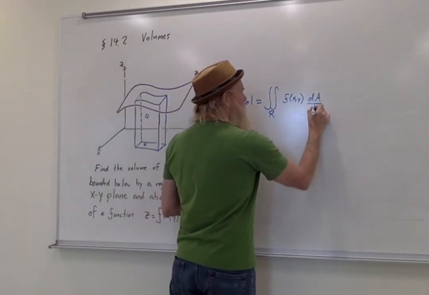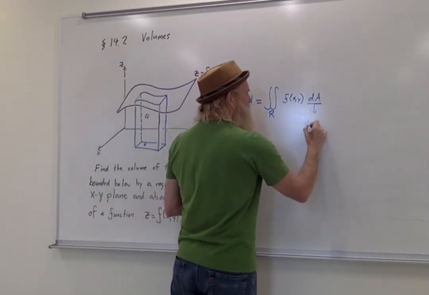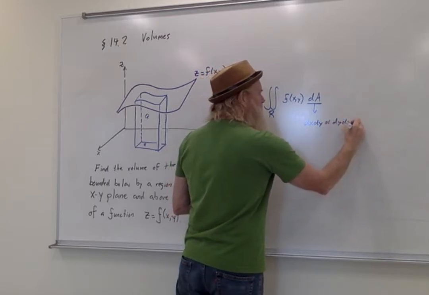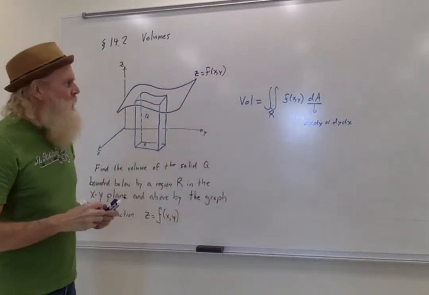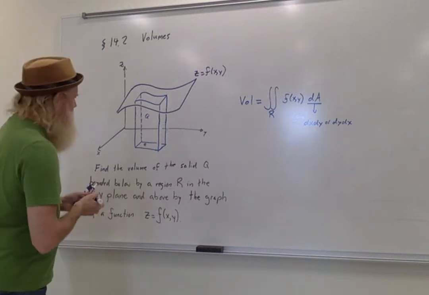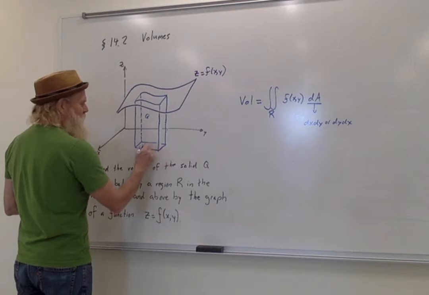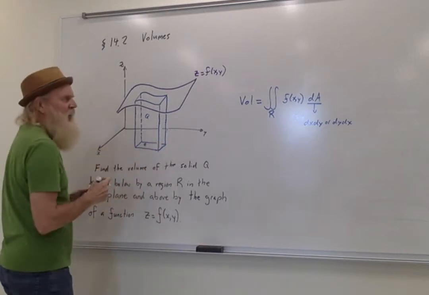And as usual, this dA is representing either dx dy or dy dx, depending on whether you want to slice vertically, whereby vertically I mean parallel to the y-axis, or horizontally, parallel to the x-axis.